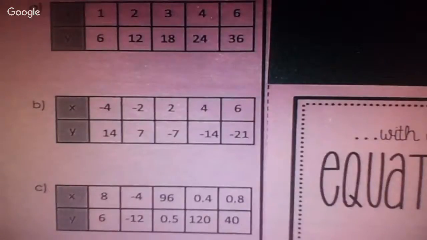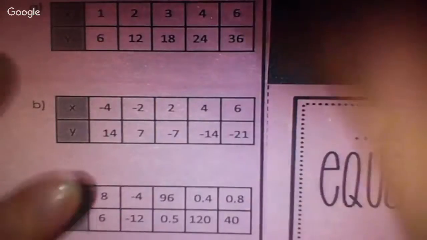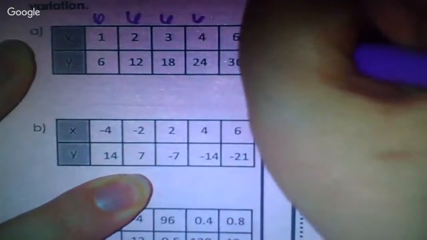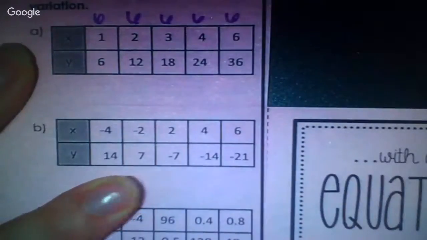It's 2 over 1. You just don't write it there. All right. So what is my constant if I divide y by x? 6 divided by 1. 12 divided by 2. 18 divided by 3. 24 divided by 4. 36 divided by 6. Is this direct variation? Well, bam.